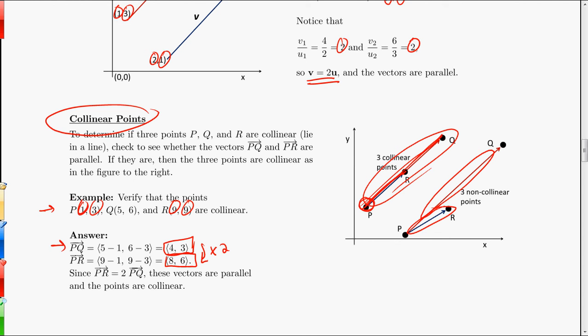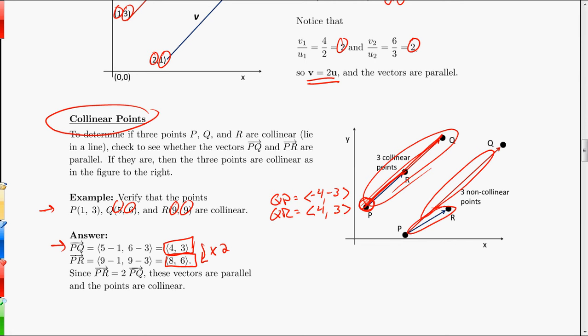And by the way, you could have checked just as easily QP and QR. QP would have been 1 minus 5, negative 4, 3 minus 6, negative 3, and QR would have been 9 minus 5, which is 4, 9 minus 6, which is 3.